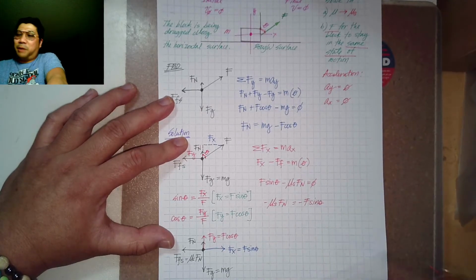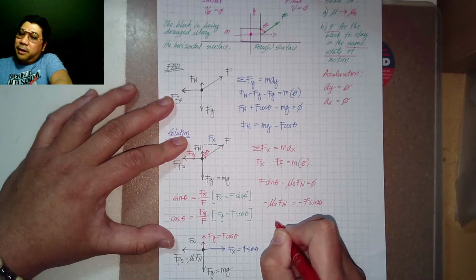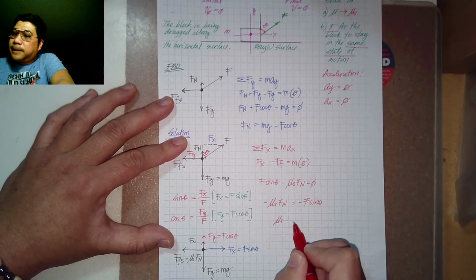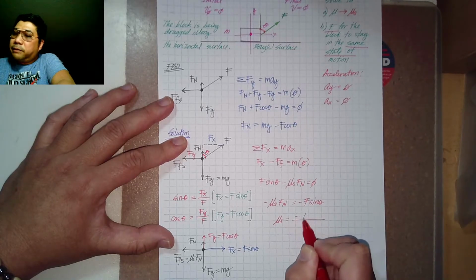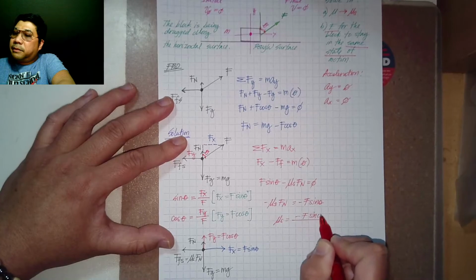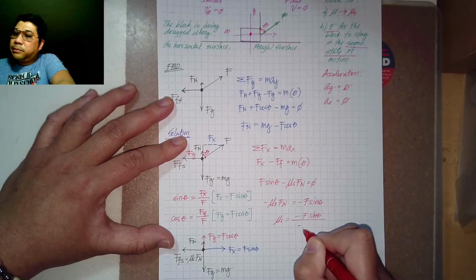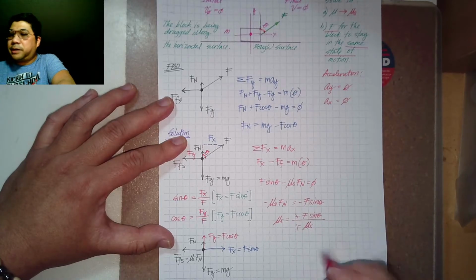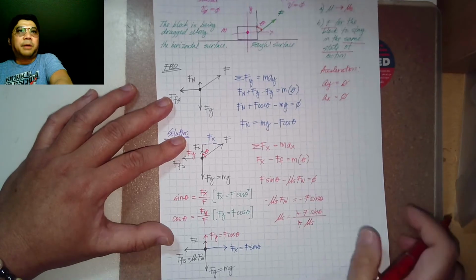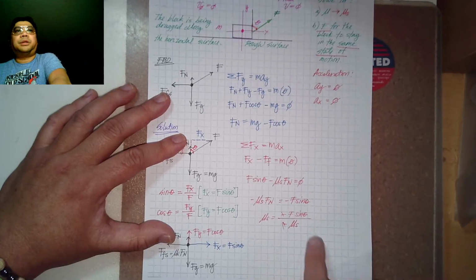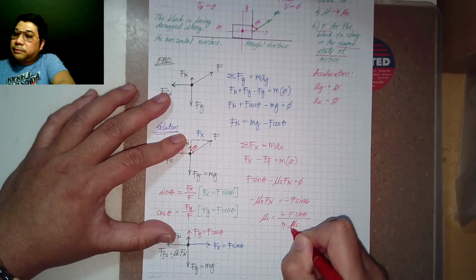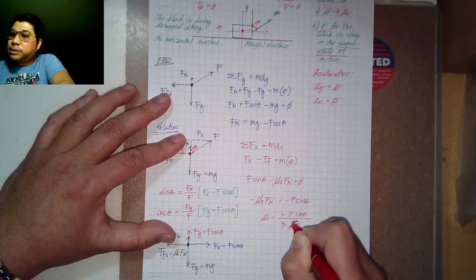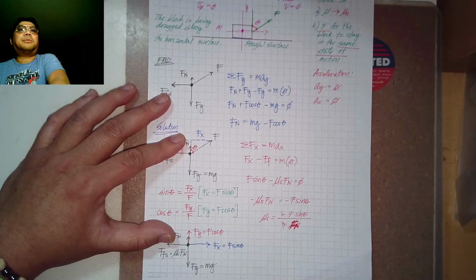So now we have mu s equals negative F sine theta divided by negative Fn. That will cancel out the negative signs, leaving it positive. This is the normal force, Fn, I'm sorry, not mu s.